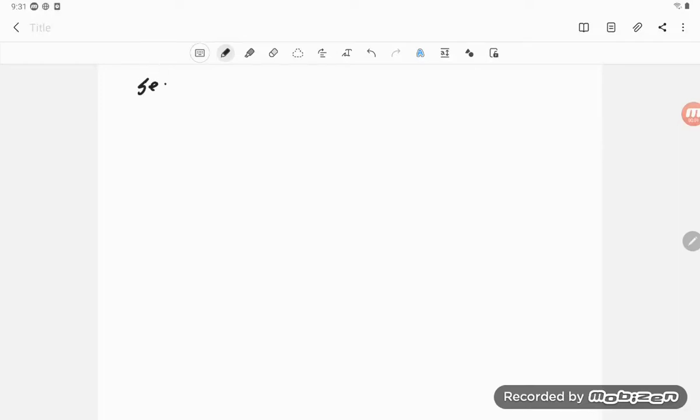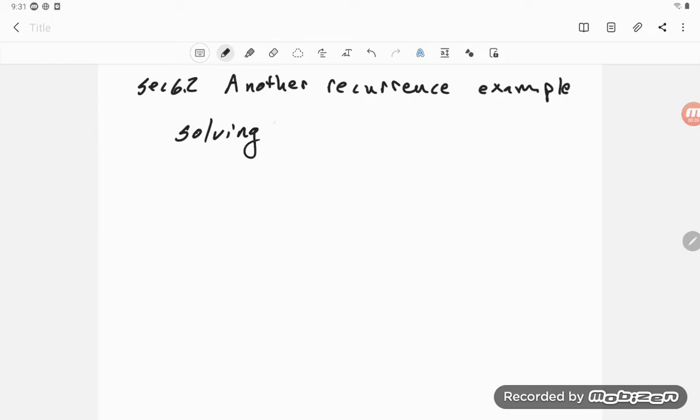Alrighty, this is section 6.2, and this is another recurrence example. And so we're solving x of n plus 1 equals A x n plus some b vector.